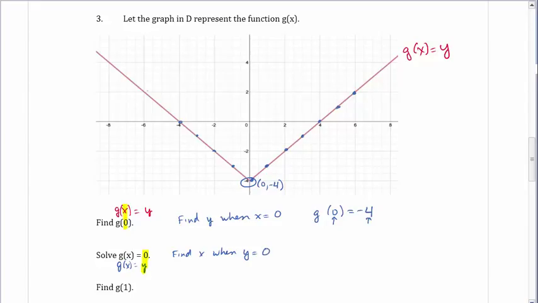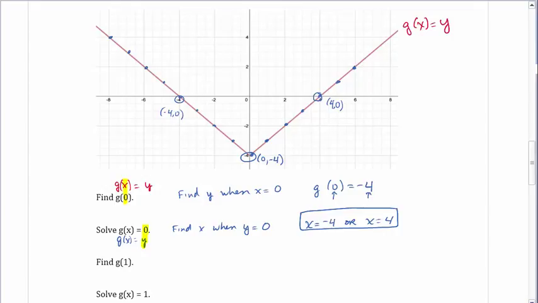So I need to go along my graph, find any points that have a y coordinate of 0. Well, in this case, I think I've got a couple of them. I've got this point right here, 4, 0, and this point right here, -4, 0. So there's actually two values of x that have a y value of 0. So we would just write x equals -4 or x equals 4.